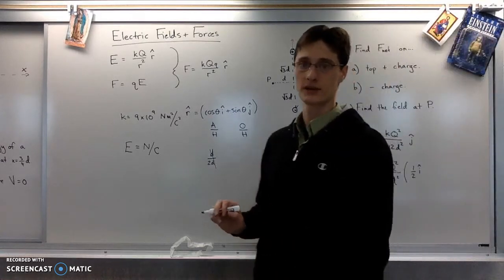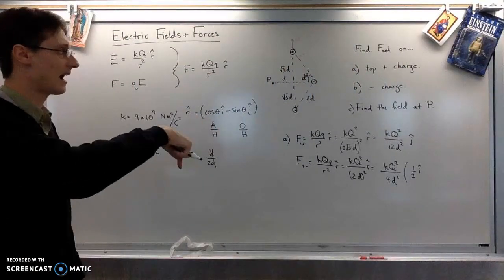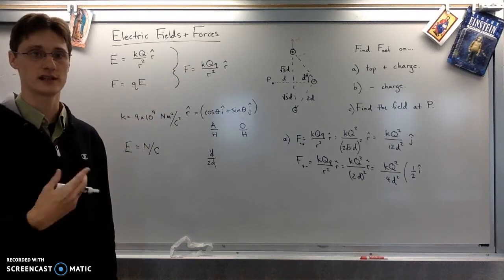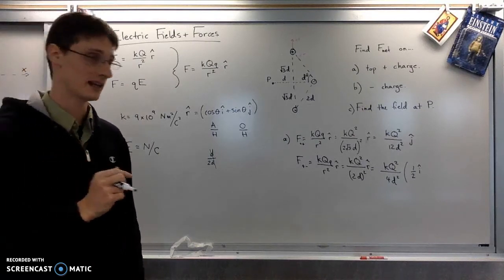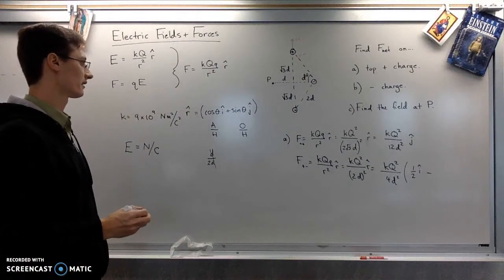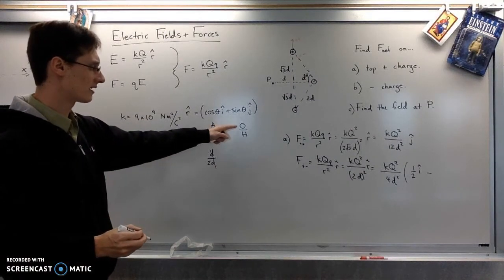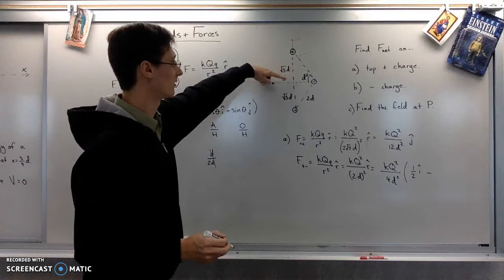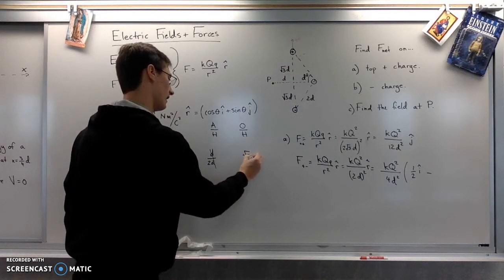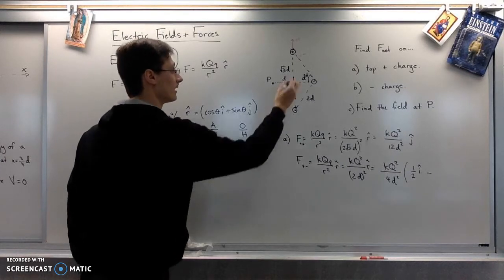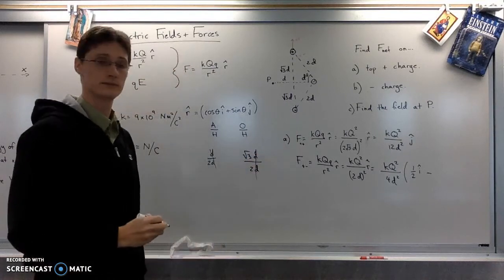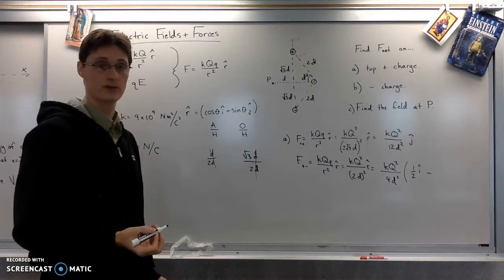For the j component, that one is down, which is in the opposite direction of the other one. By convention, down is usually negative, so it's going to be minus whatever it is. All right, what is it then? The opposite side to the angle is root 3 d, and the hypotenuse is 2d. All right, so sine of theta is going to be root 3 over 2.